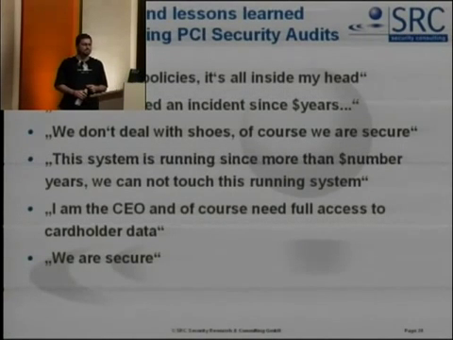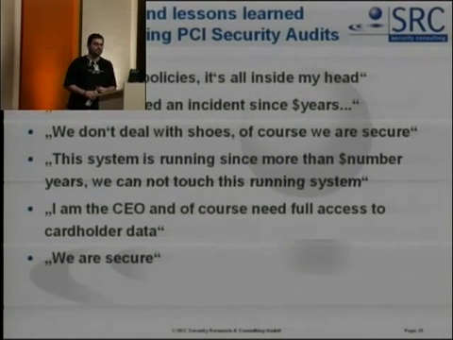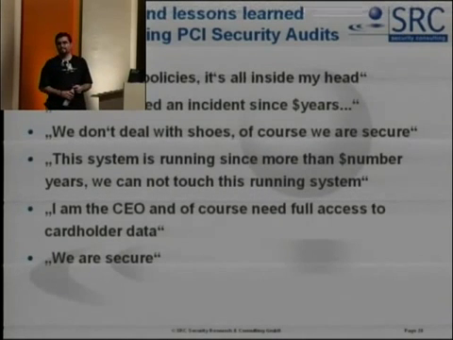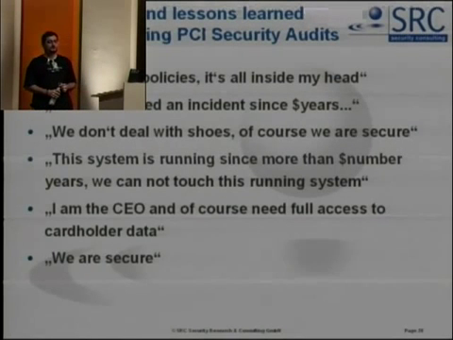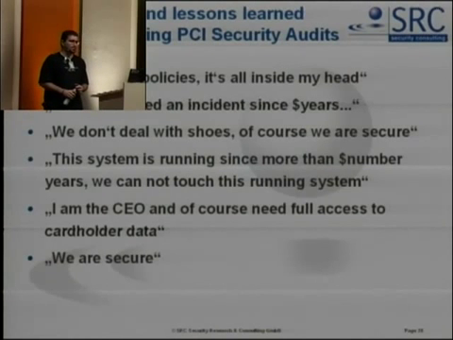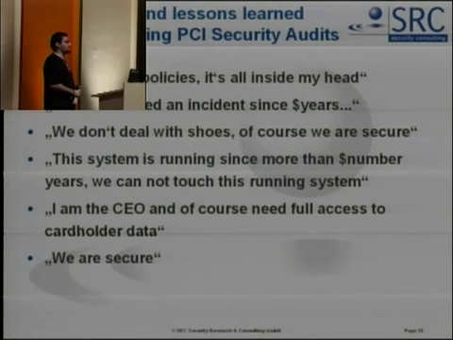A statement is also, the system is running for more than I don't know how many years, we can't touch this running system. The record of this was a host system which is running currently for 23 years. It's amazing, but they can't turn it off, it's processing 24/7.